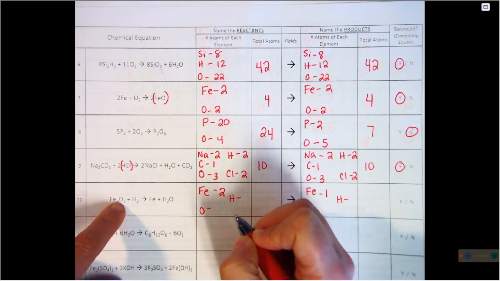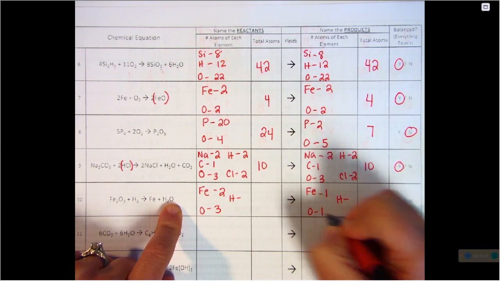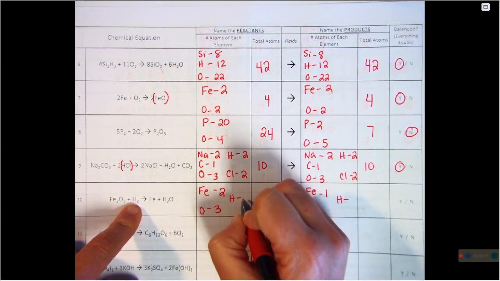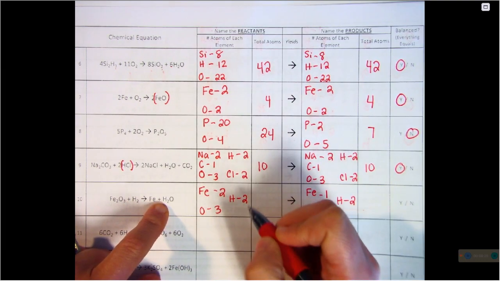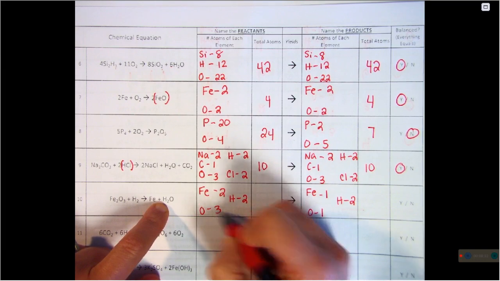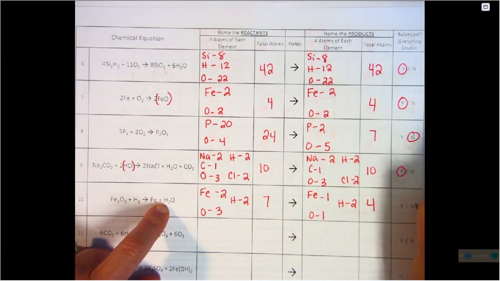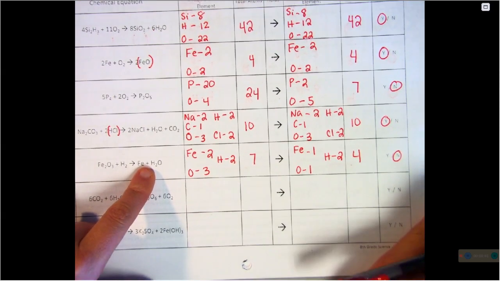I have 3 oxygens right here. On this side, I only have 1. I have 2 hydrogens. And on this side, I have 2 hydrogens. So over here, I have 2, 4, 5, 6, 7 total atoms. Here I have 2, 3, 4. That is not a balanced equation. It is not balanced.